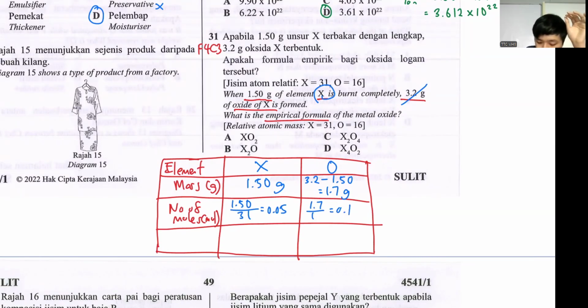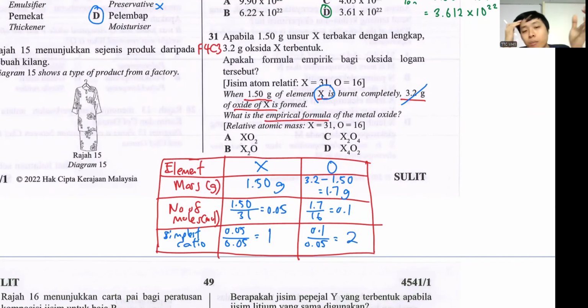Then you divide by the smallest number, the simplest ratio. So 0.05 is the smallest number here, divide by 0.05, 0.1 divided by 0.05. So you get 1 and 2. So the formula is XO2. The answer is A. I don't think it's very hard.